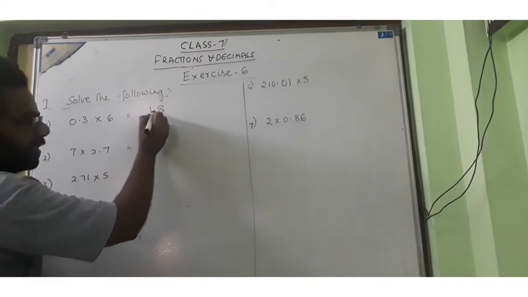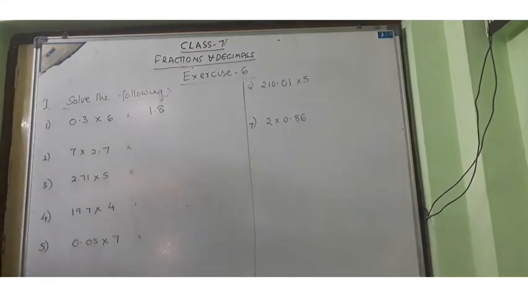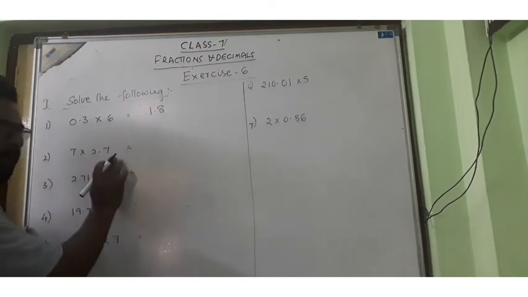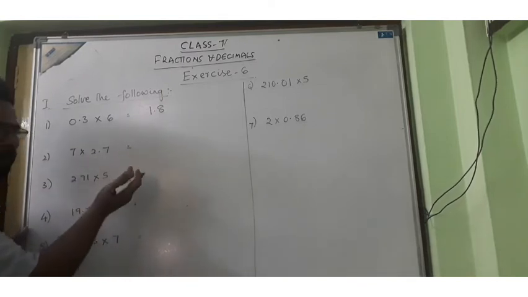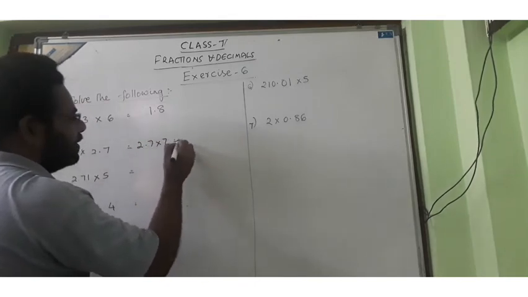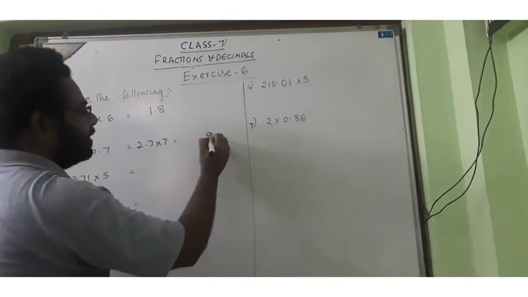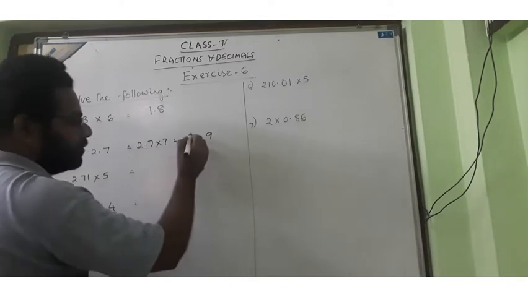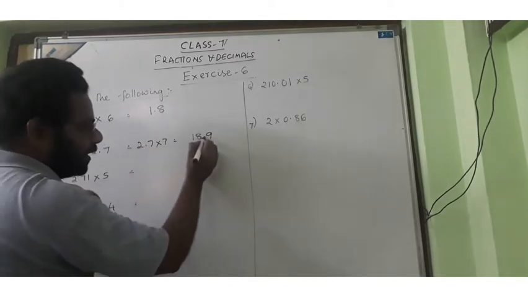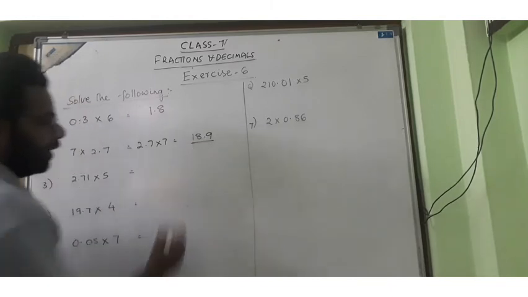So from right hand side to left hand side, you can write 1.8. 7 into 2.7, if you can do it easily, no problem. Otherwise, you can write it in the form of 2.7 into 7. So 7 7 ja 49, 4, 7 2 ja 14 plus 4, 18. 189. After the decimal, 1 point is there. So you can write 18.9.